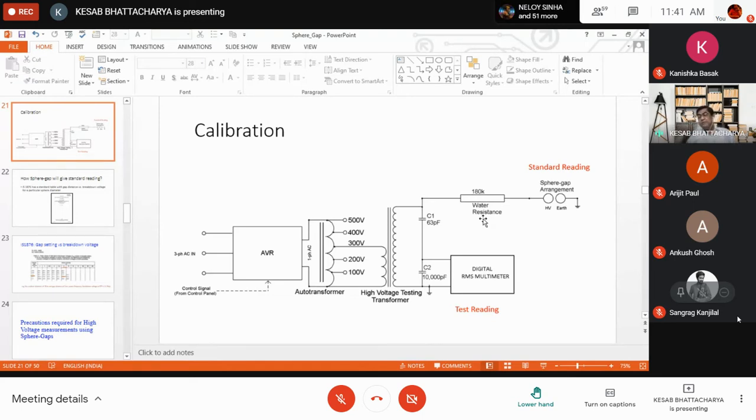In order to prevent that, you must damp out the oscillations, and this circuit is basically an LC circuit, which is oscillatory in nature. If you want to damp out those oscillations, you must have high resistance in your circuit. That purpose is also performed by this high resistance. Is that okay?